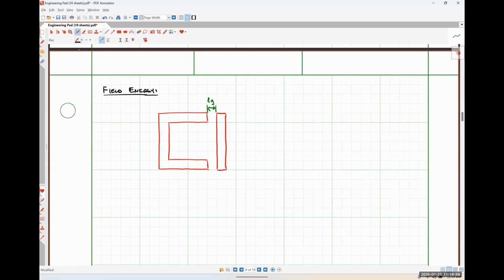And as per usual, I'm going to wind up wrapping a wire around my core. Like so. And I'm going to say that my current I is flowing into the winding as I've drawn it, and that my winding has N turns. Okay.